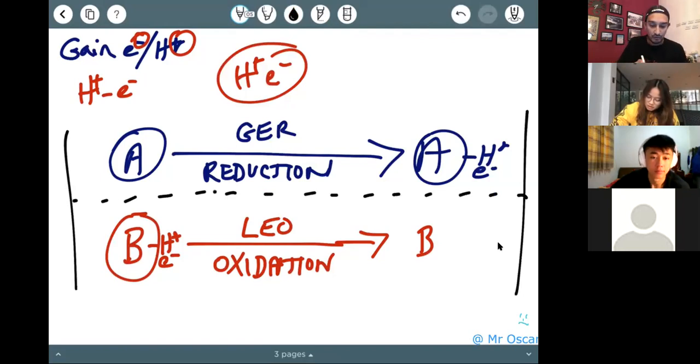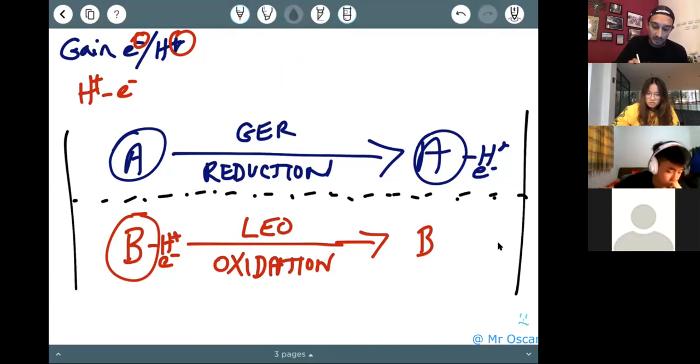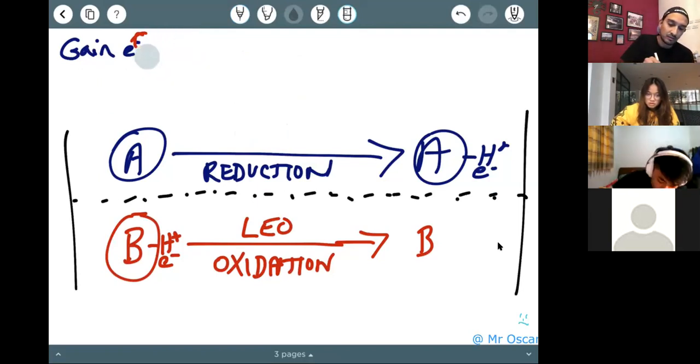So, two different reactions. Now, I just want to show you one additional thing. If this part makes you confused, that's okay, don't worry about it.